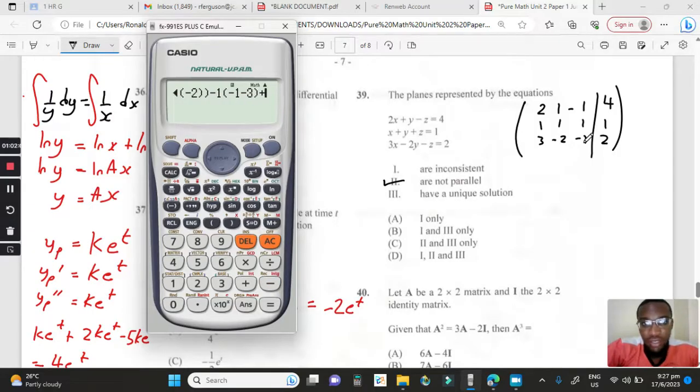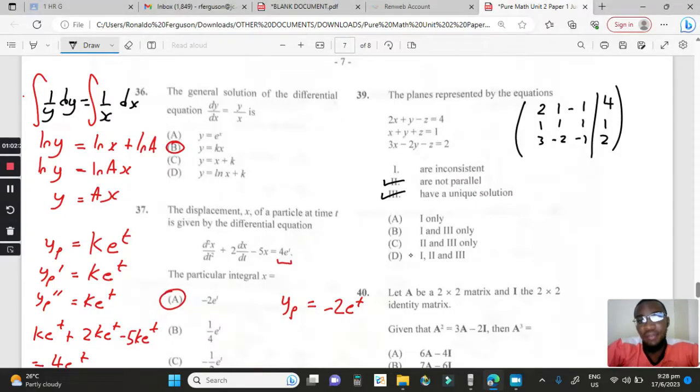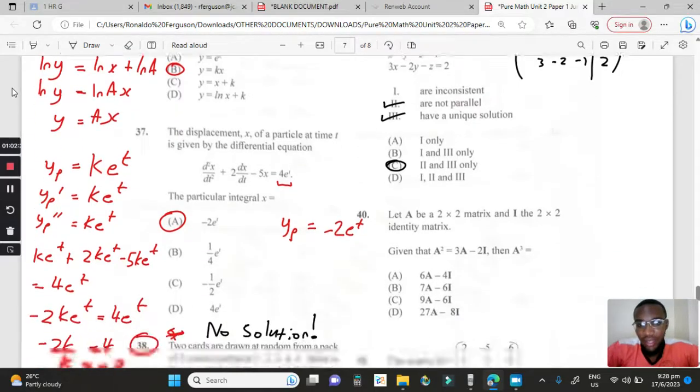Then we have plus minus 1 times minus 1 times 1 times minus 2 is minus 2. Subtract 1 times 3 is 3. I want to see what the determinant is. Determinant is 11. Since it's 11, we know it has a unique solution. Alright, so it's this one here, C. Once the determinant is not 0, we're okay.